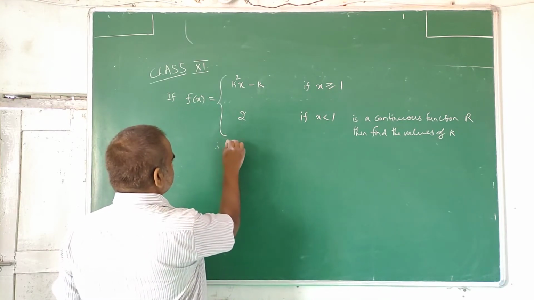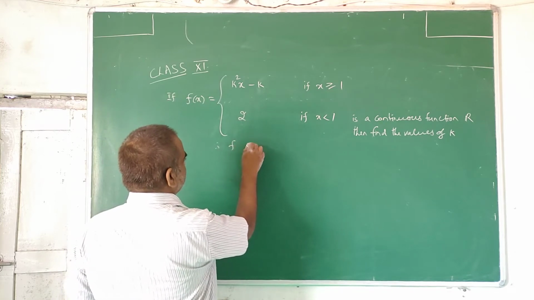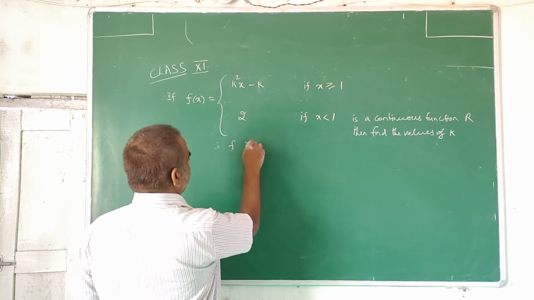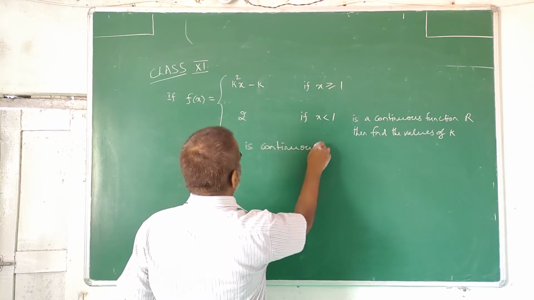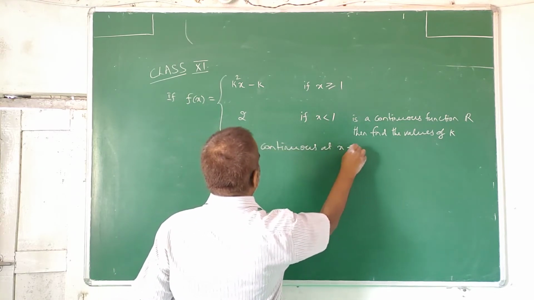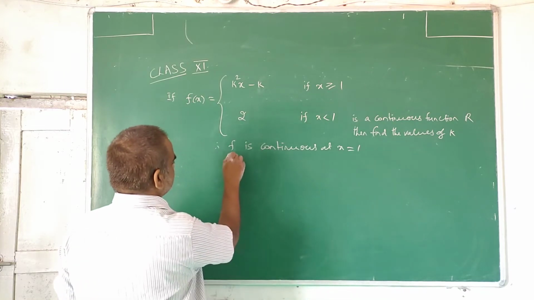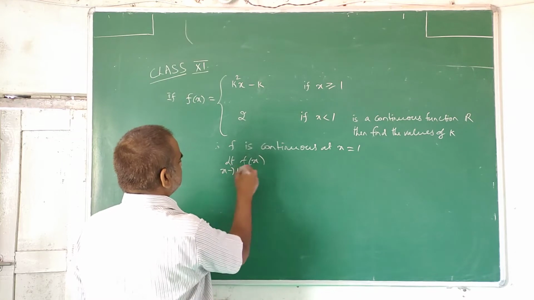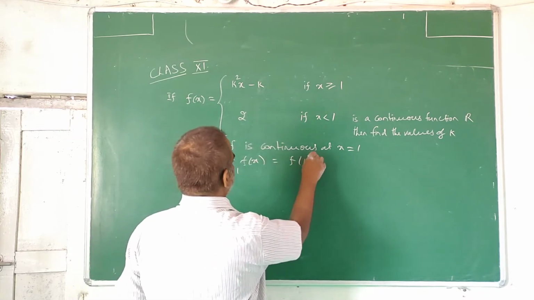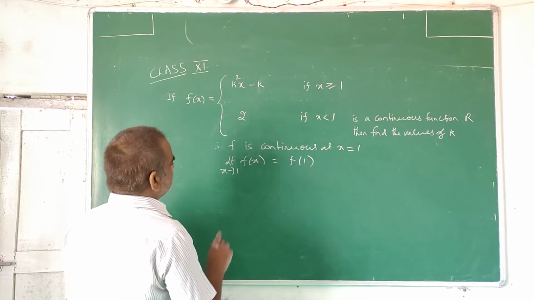So by given, f is continuous on R, therefore f is continuous at 1. That means the limit of f(x) as x tends to 1 would be equal to f(1). Right?